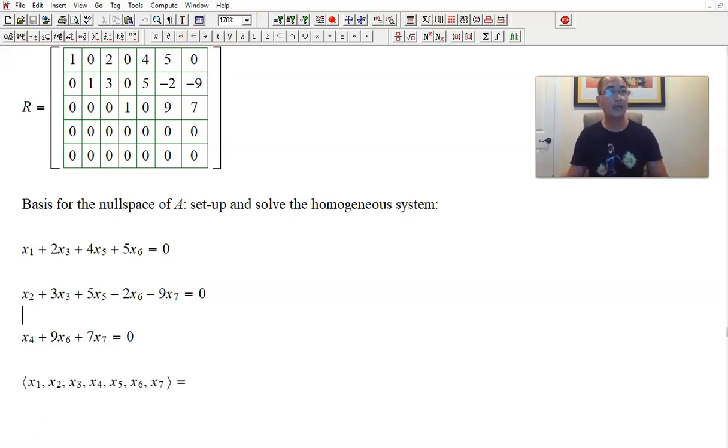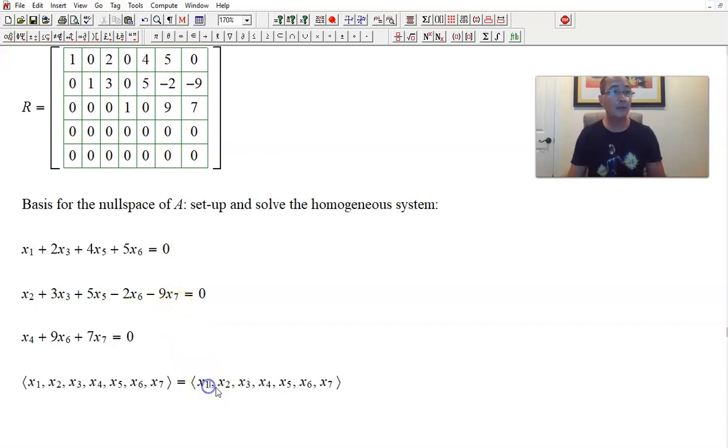All right, so now that we have our homogeneous system, we are going to create the solution vector. So I have prepped up x1 to x7. Let's make a copy of that here. And we are going to keep our free variables here. So that is x3, x5, x6, and x7.